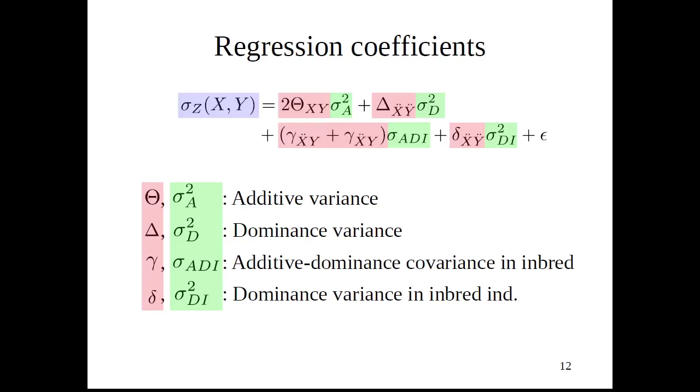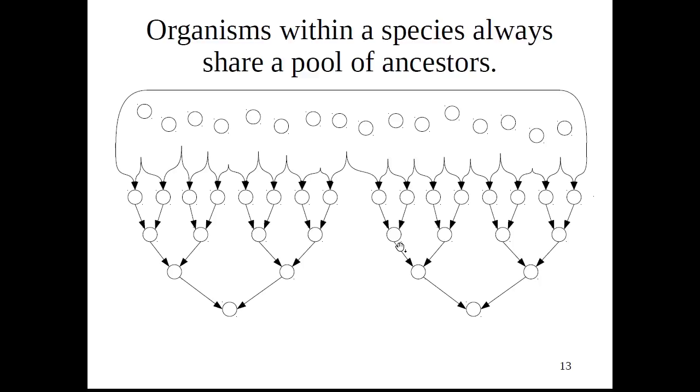But you might be wondering, so if you notice the 2 bottom terms here, the additive dominance covariance in inbred individuals and the dominance variance, those are both in inbred individuals, so you might think that in an organism like humans, where there's lots of inbreeding avoidance, these terms might not be important. But I'm going to argue that's almost certainly not the case, because these terms are going to let us say something about the population structure.